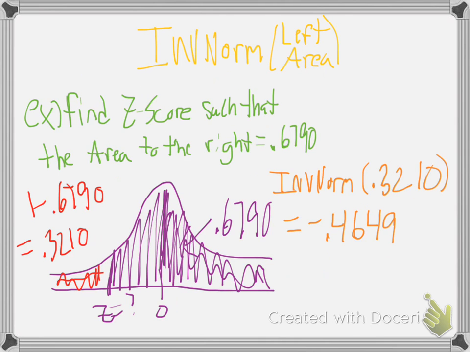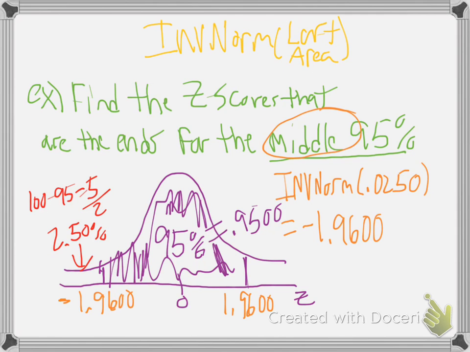Area is just a portion of the curve. This was an area on the right. Inverse norm only knows how to do area to the left, so we did a 1 minus here. And the last one was an area in the middle. Since inverse norm only knows the area on the left, we took the total minus the middle divided by 2, did inverse norm of that, and got the other one because of symmetry. It's just the positive version. So keep that in mind and good luck.